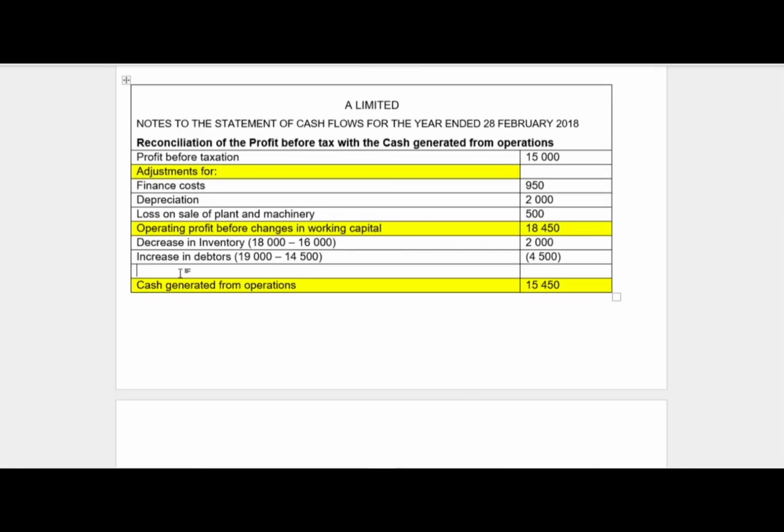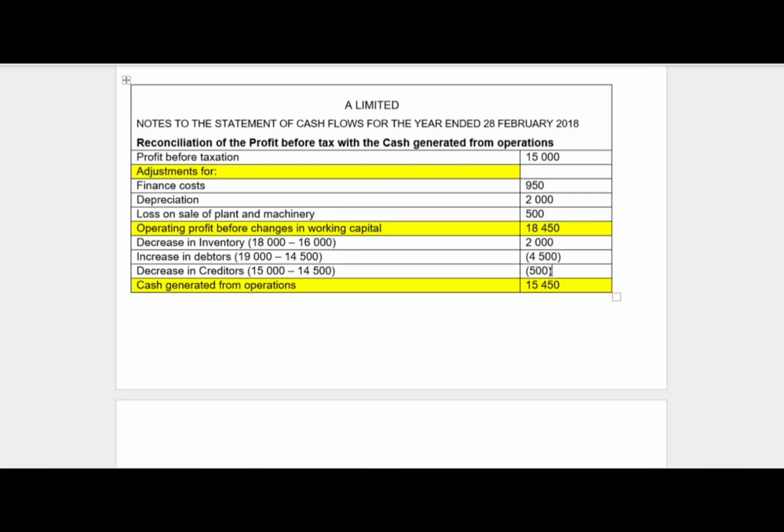So you're just going to come here and say decrease in creditors. You open brackets, you say 15,000 minus 14,500. Do the calculation there, but you can see it's just an outflow of 500, you close bracket.